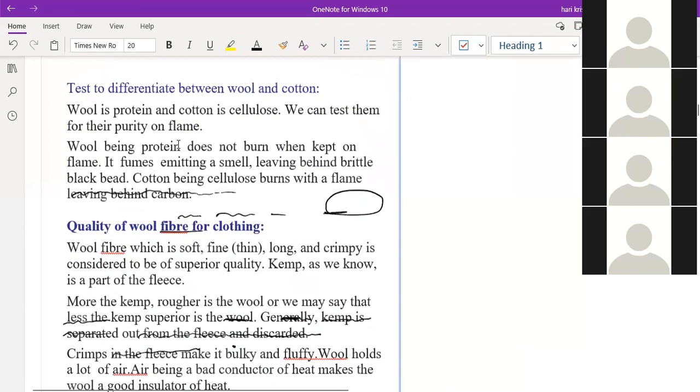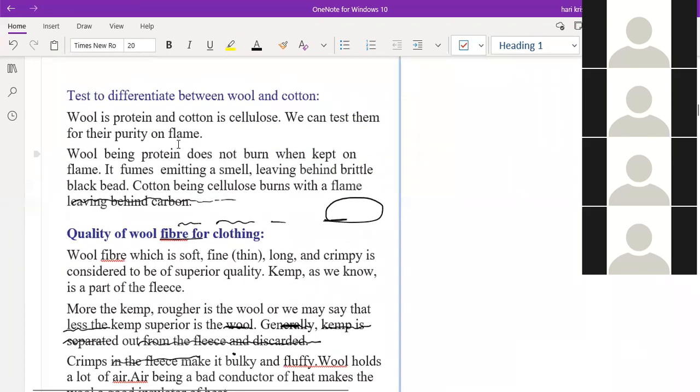Differentiate between wool and cotton cloth. Wool is coming from the animals and cotton is coming from the plants.